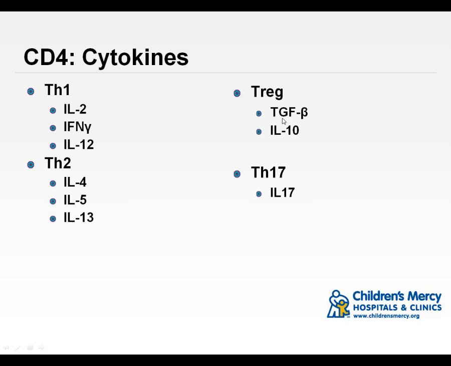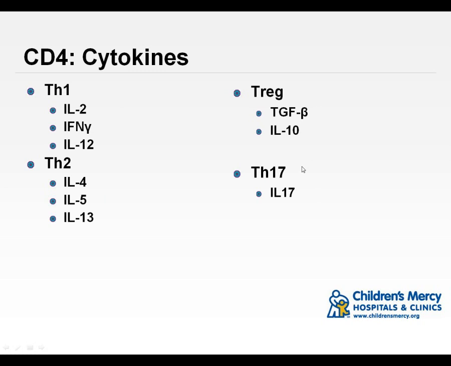So Tregs is one that's gotten a lot of attention in recent years that secrete these down-regulating cytokines like TGF-beta and IL-10, which tend to calm the immune system down, not upregulate it like Th1 and Th2 tend to do. Then there's one that we're realizing is important in autoimmunity, Th17, that secretes IL-17.